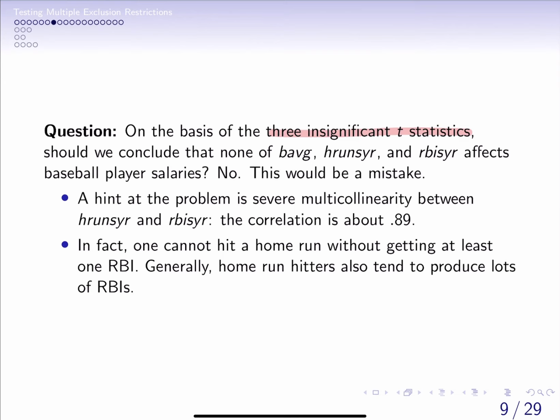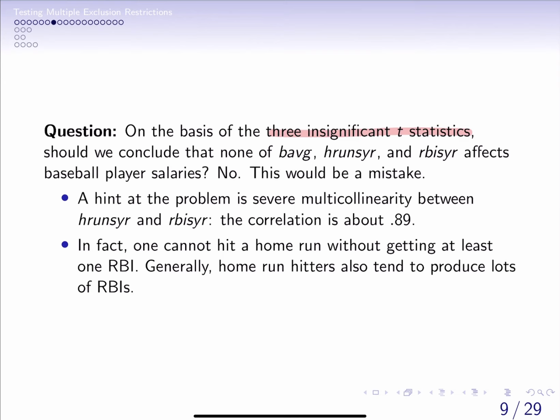So if you look at the correlation between home runs per year and RBIs per year, the correlation is very high, to the tune of 0.89, right? So almost 0.9. What does that mean for the variance of our estimators, and what does that mean ultimately for statistical inference?